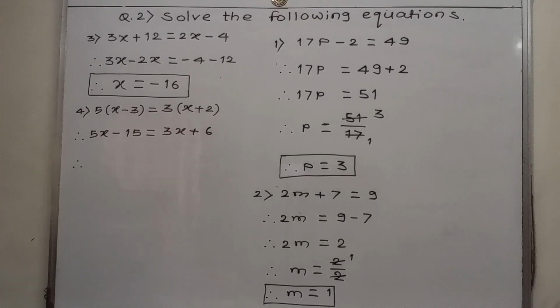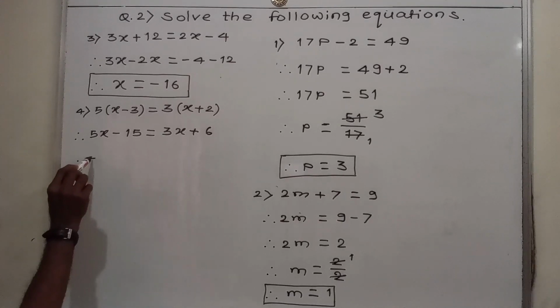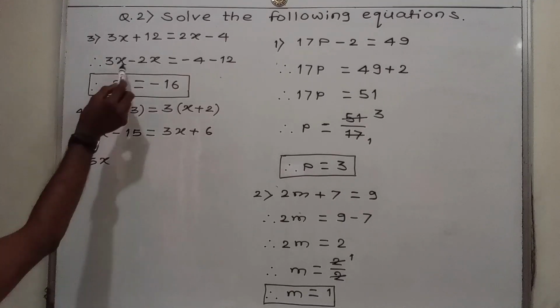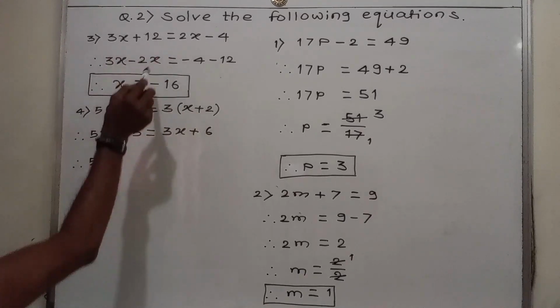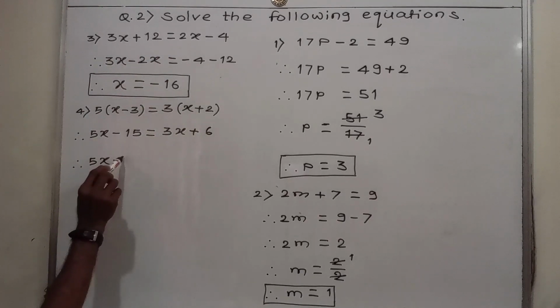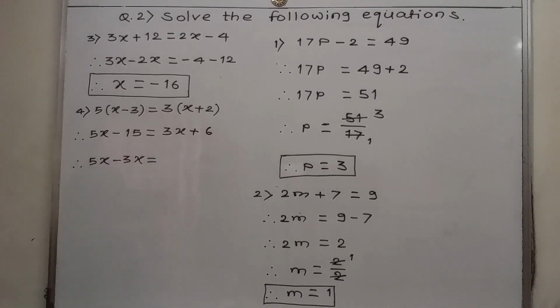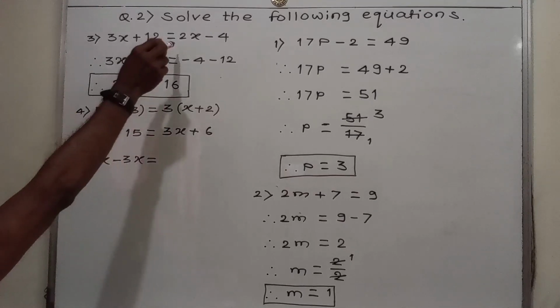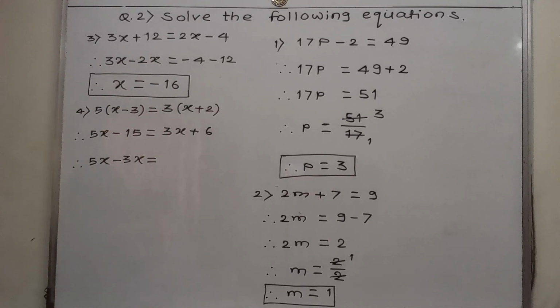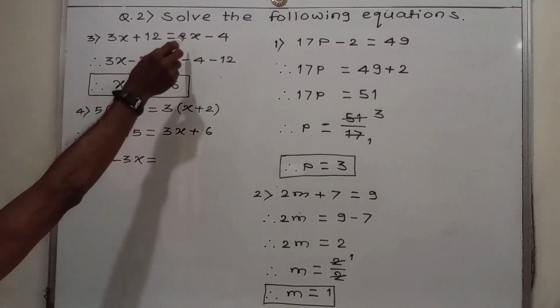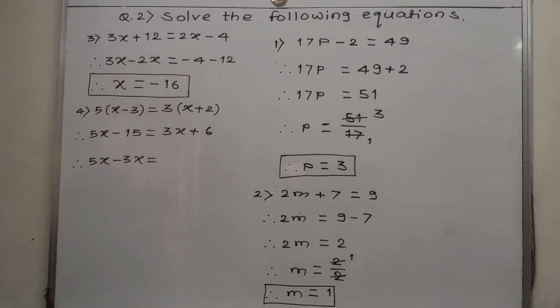Now what is the next step? Tell me. Very good. See this? Same to same example. Is equal to 5x minus 3x. I have told you in example number 3, take the smaller near the bigger, like terms.